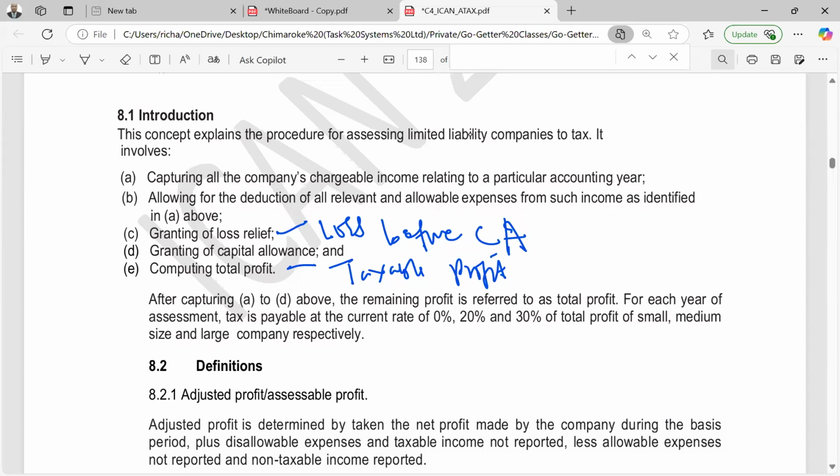And so, whatever he has done is a provision.